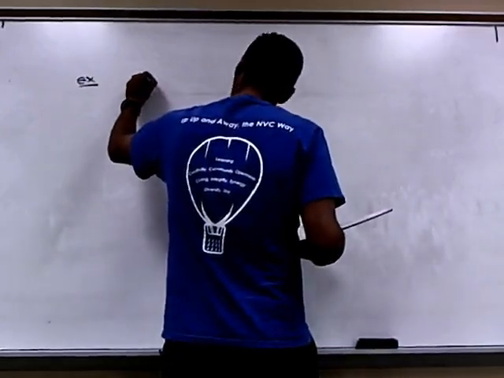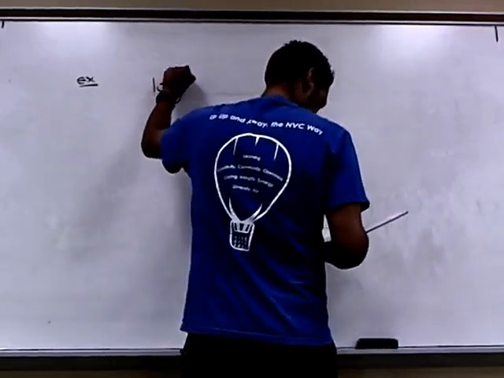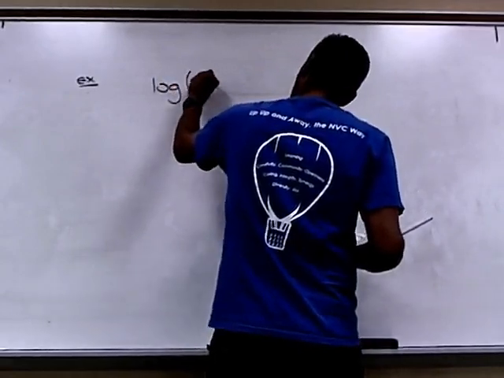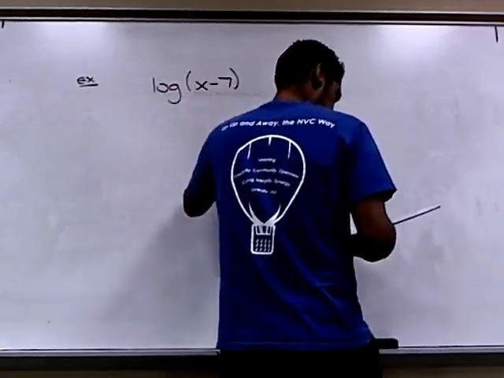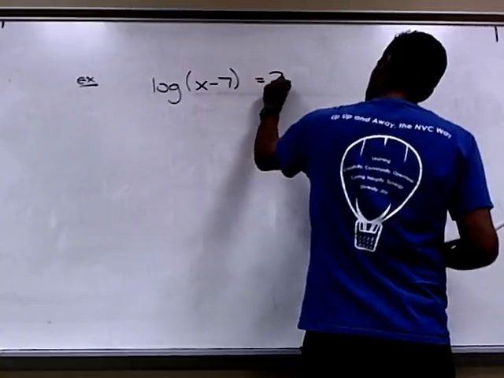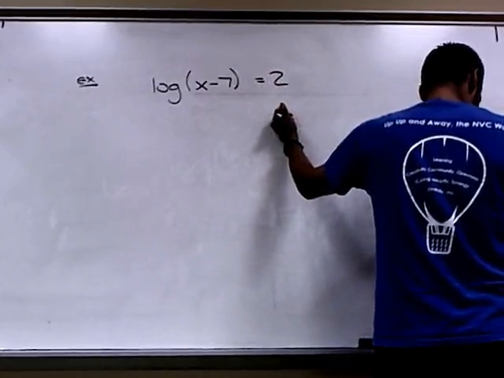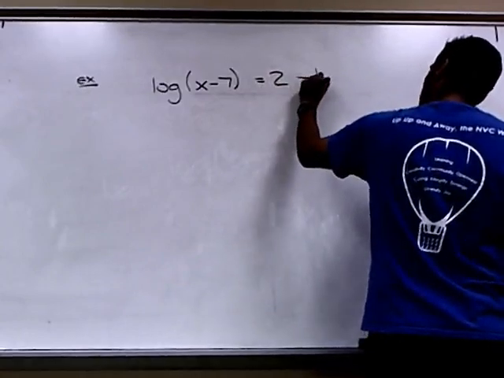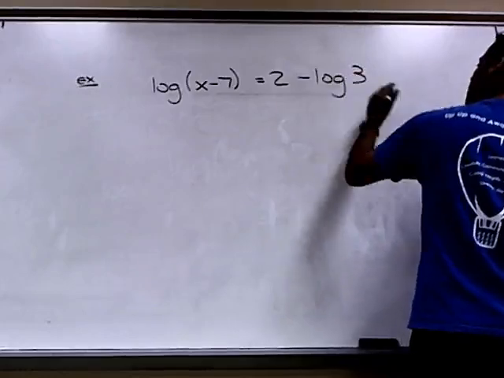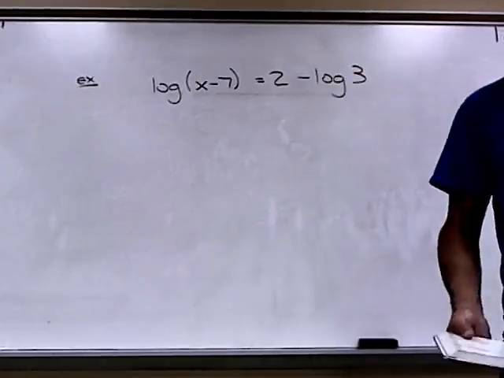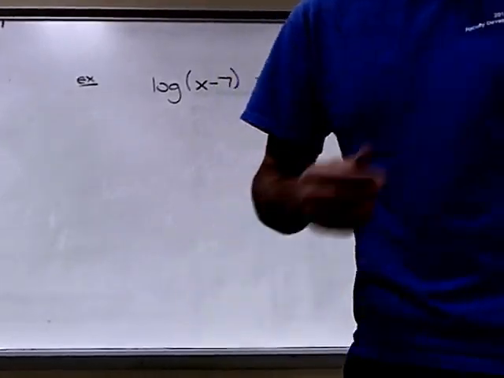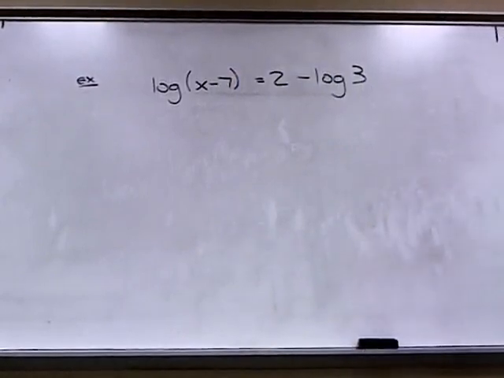How about log x minus 7 equals 2 minus log 3. Can't think anymore?